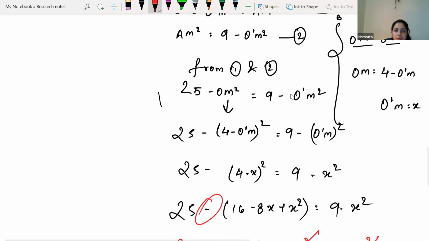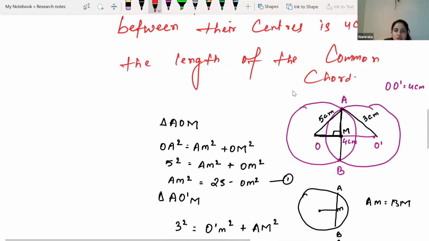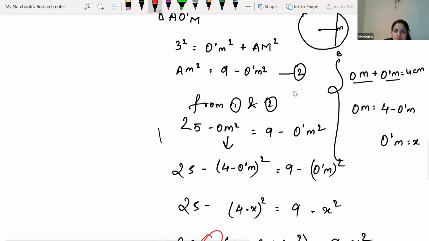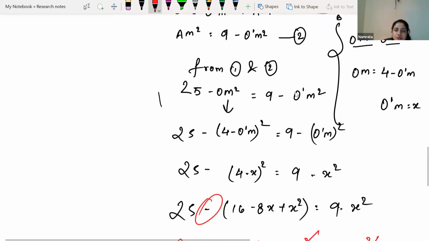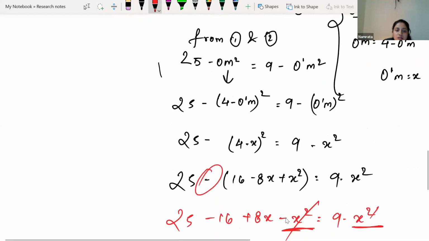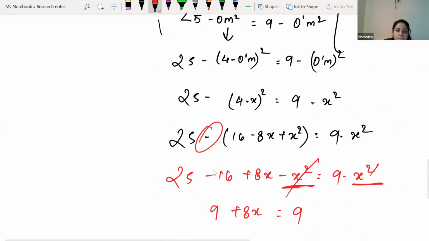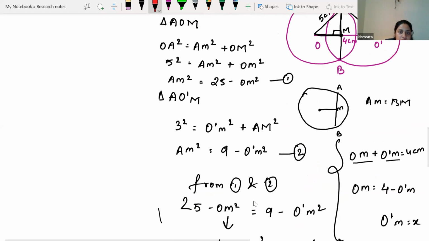Now OM and O dash M together is 4 centimeter, so we can say OM is 4 minus O dash M. If I am saying O dash M is X, A square minus 2AB plus B square is equals to 9 minus X square, minus 16 plus 8X. Yeah, we have written it correctly. Why is it coming 0?